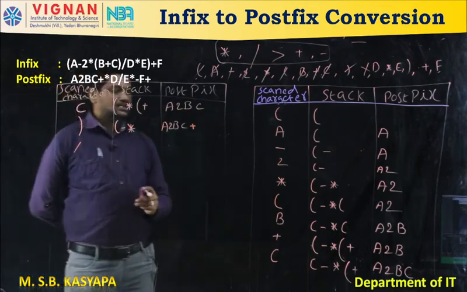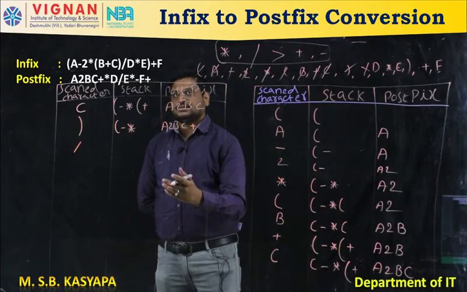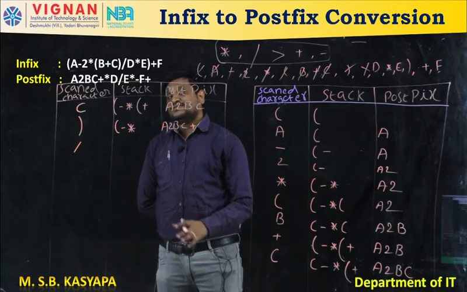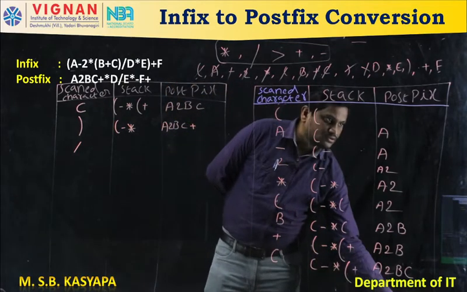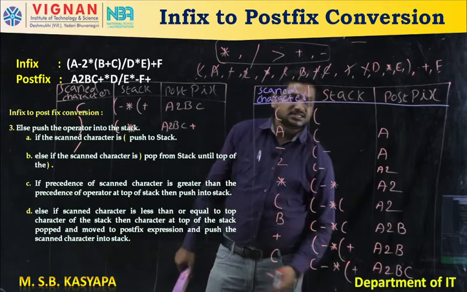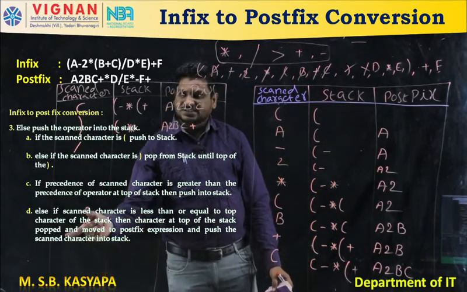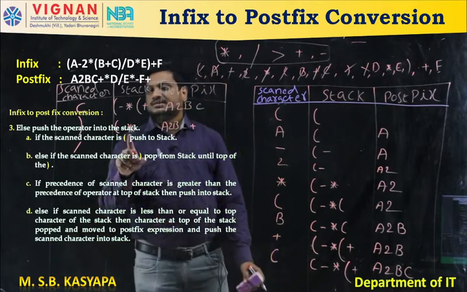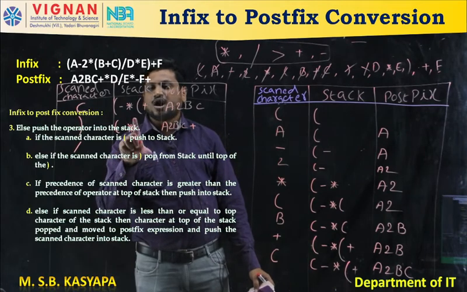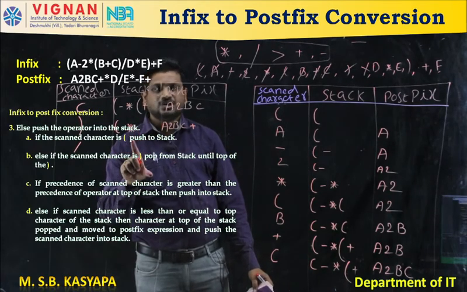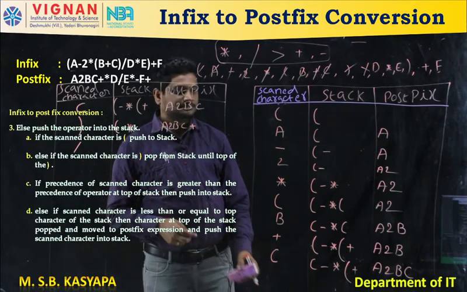Now, see, until now we have discussed only the case where the scanned operator has greater precedence, and then I directly move it to the stack. If it is of equal precedence, then what to do? Once again check the operations. If it is of equal precedence, then the top operator available in the stack moves to the postfix expression, and the scanned character moves to the stack.